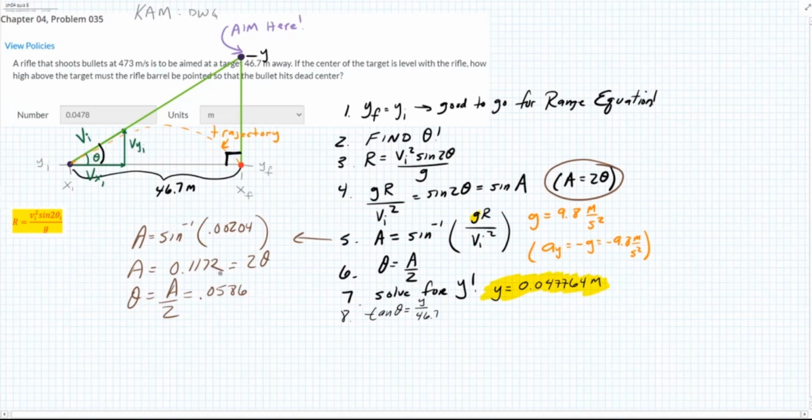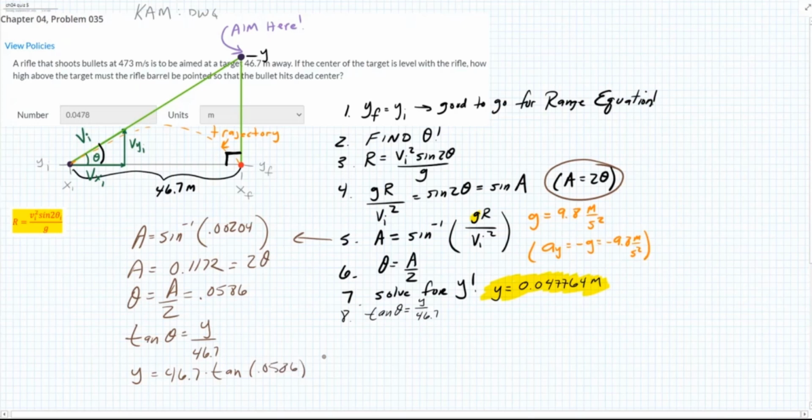So that's theta. And then once again, step 8, I know right angle trigonometry. I know the definition of tangent is opposite over adjacent. Opposite is y. Adjacent is that 46.7. So y equals 46.7 times tangent of theta, that 0.0586, recalled from calculator memory.